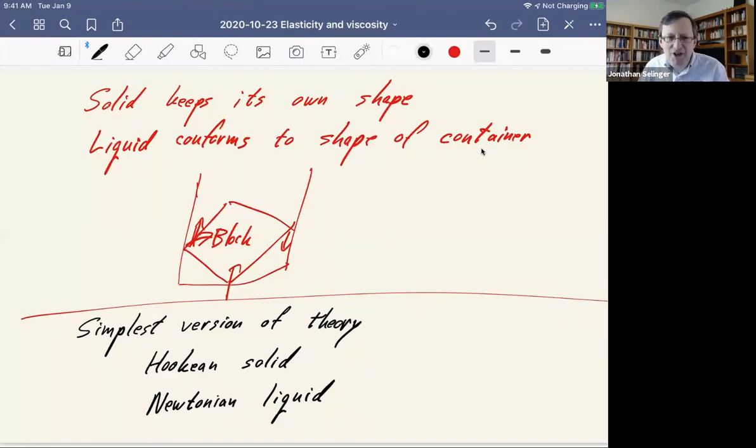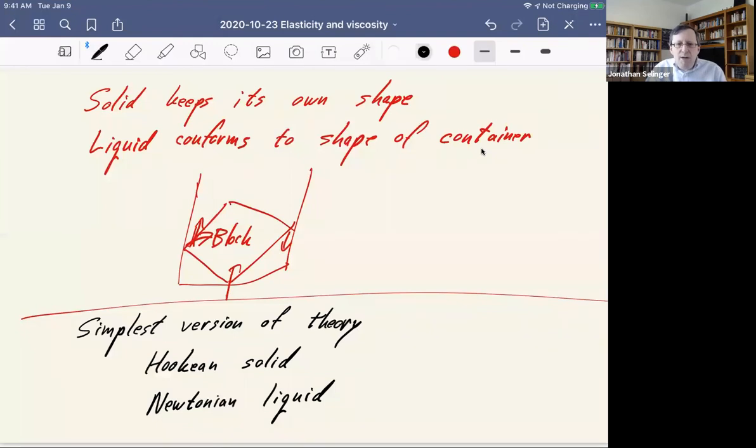This is the simplest version of the theory. There are lots of extra complications that people put on. So one kind of complication is what happens if there's a bigger force. And so what kind of response is there that is not linear in the force?